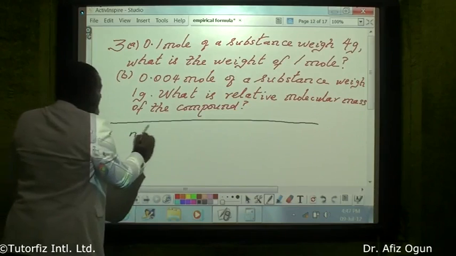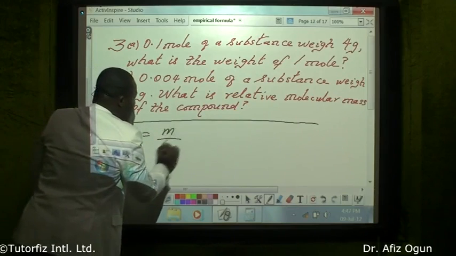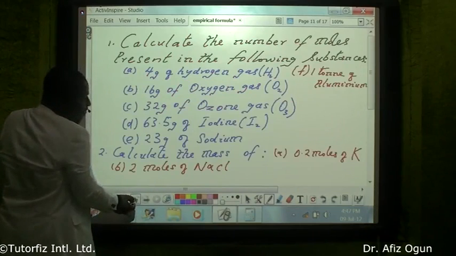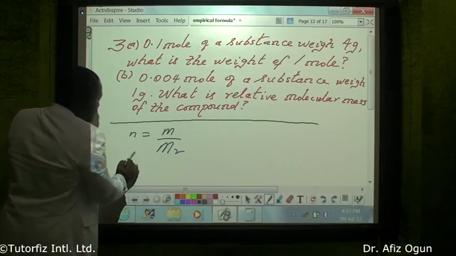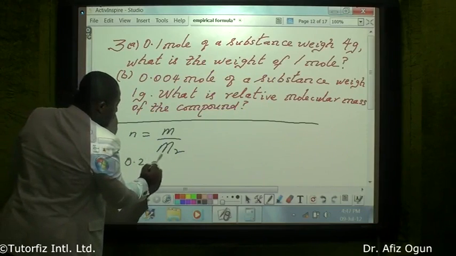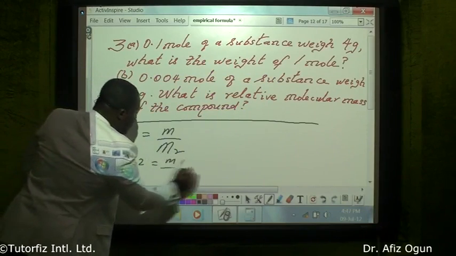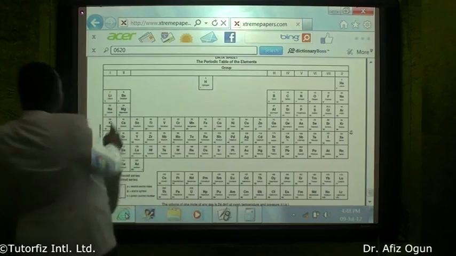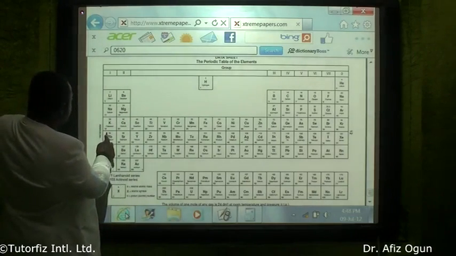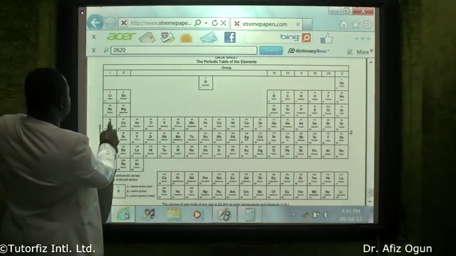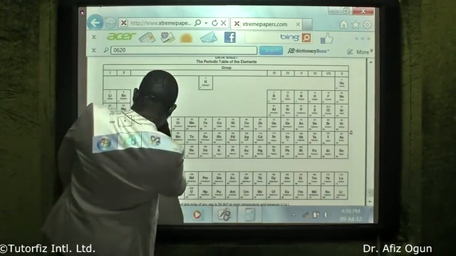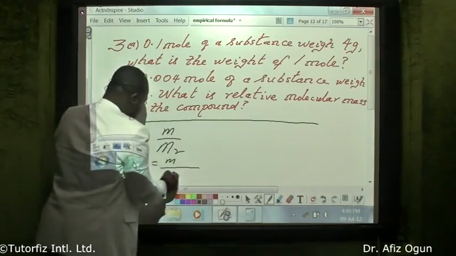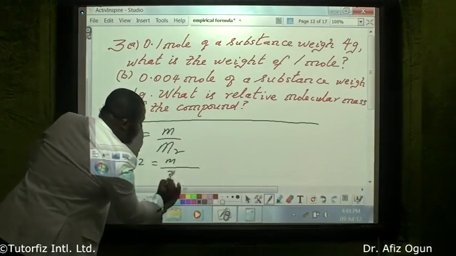I know that n equals m over Mr. I've been given n to be 0.2 moles. 0.2 equals m, I don't have the mass, over Mr, and potassium is 39, I guess. Potassium is 39.